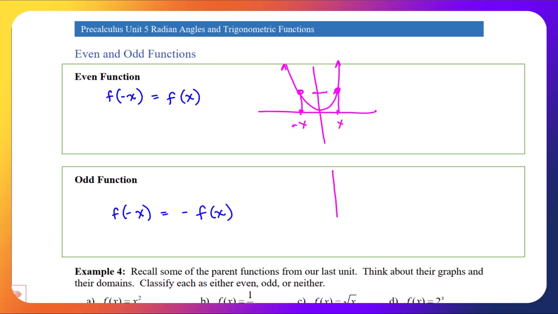But in an odd function, if I feed it a negative x value, I'll get this y value, but if I feed it the same x value but positive, I'll get the same y value but positive. Or they'll be the opposite.